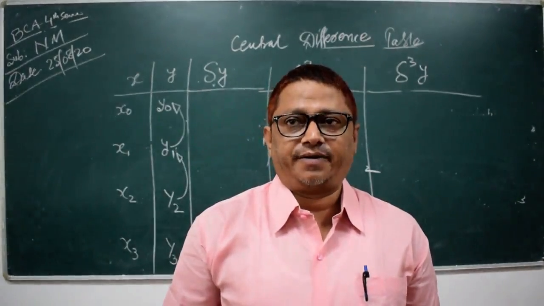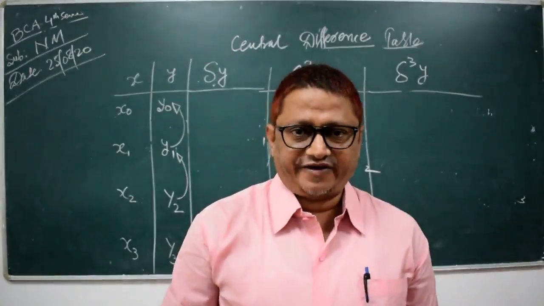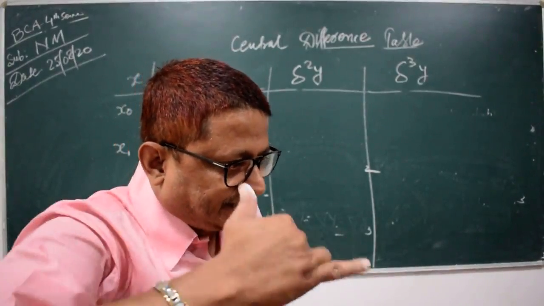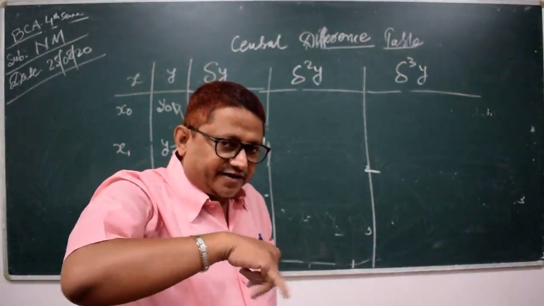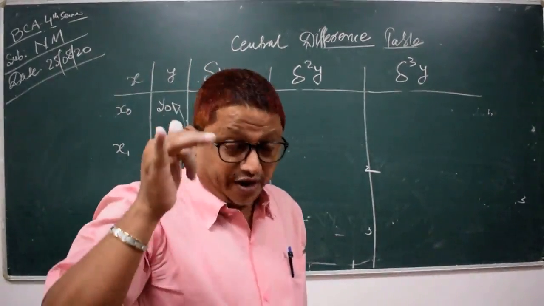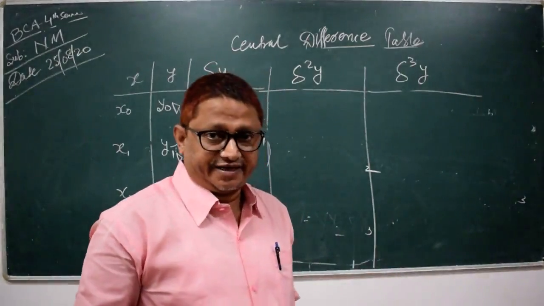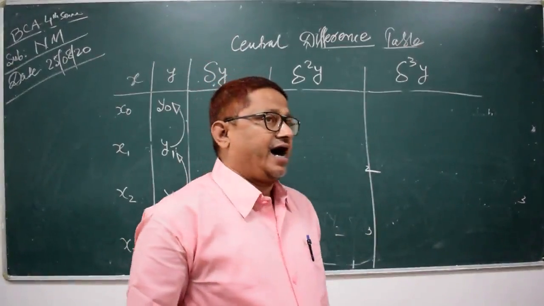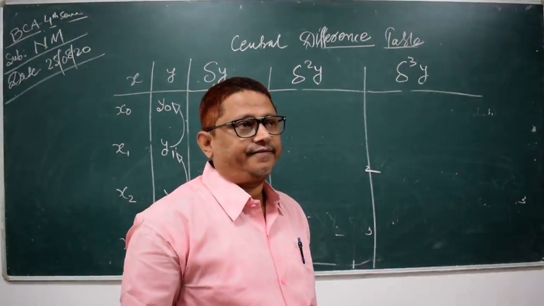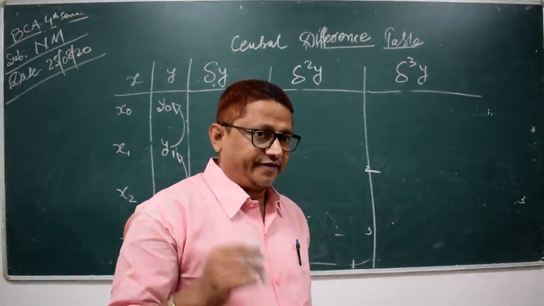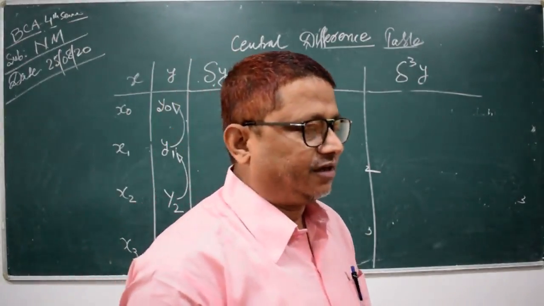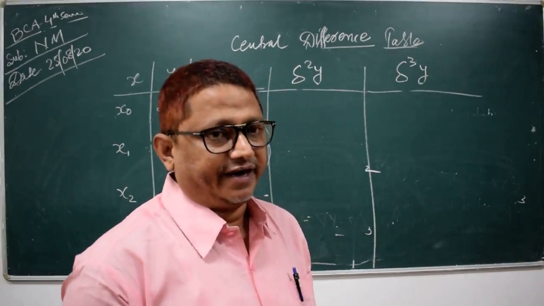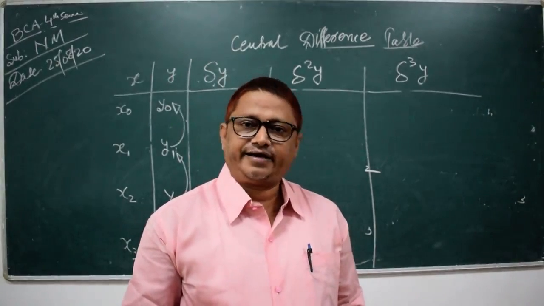At the time of solving the problem, the value of x is given, and with respect to x we have to find the value of y. x की वैल्यू दी होगी, उसके रेस्पेक्ट में y की वैल्यू को आपको निकालना है. तो जो x की वैल्यू गिवन होगी क्वेश्चन पेपर में, वो टेबल के किस पोजीशन पे है. अगर टॉप ऑफ द टेबल है तो फॉरवर्ड लगेगा. अगर वो x की वैल्यू गिवन है एट द बॉटम ऑफ द टेबल तो बैकवर्ड लगेगा. अगर टेबल का पोजीशन सेंटर में है, मिड में है, तो सेंट्रल डिफरेंस अप्लाई करेंगे.